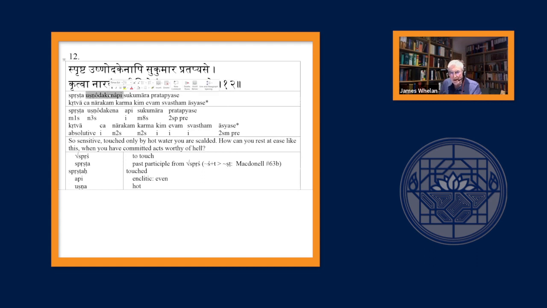The a in Sanskrit is always long, and the o is always long. Ushnodakenapi. Exactly so.